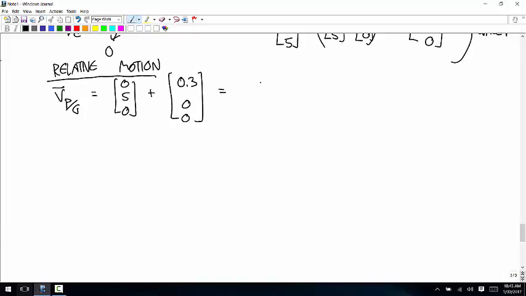And so you get a velocity of 3 in the x direction, 5 in the y direction, 0 in z.